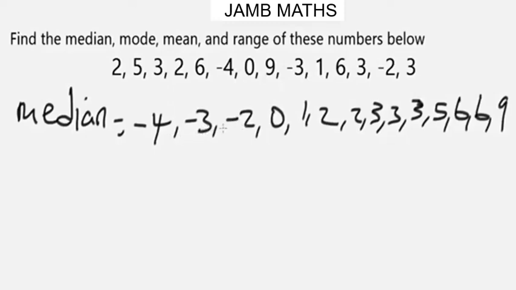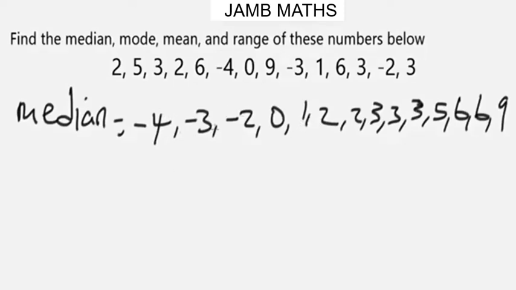Now to get the median, which is the middle number, we check what will be the middle number here. We have -4, -3, -2, 0, 1. That's 5 numbers from the left. Starting from the right, 5 numbers as well: 9, 6, 6, 5, 3. Now let's add 1 to this.